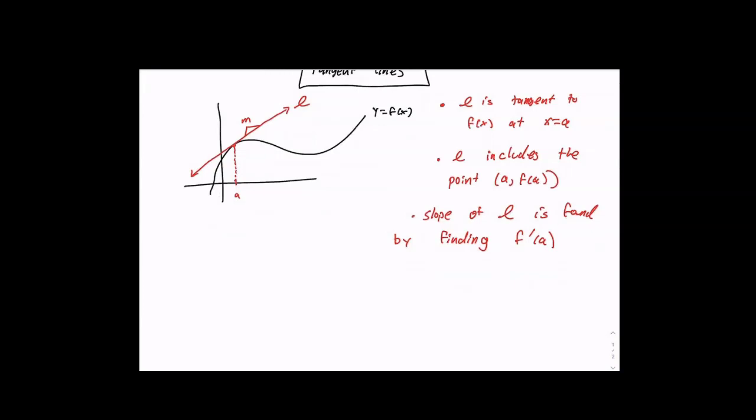We want to find the equation of that tangent line at a point x equals A. Because L is tangent at A, that point A, f of A is a point on its line. And finally, the slope of L is found by finding f prime of A, or we could say that the slope of L is f prime of A.